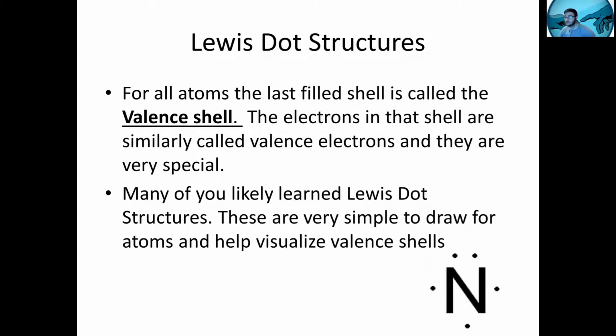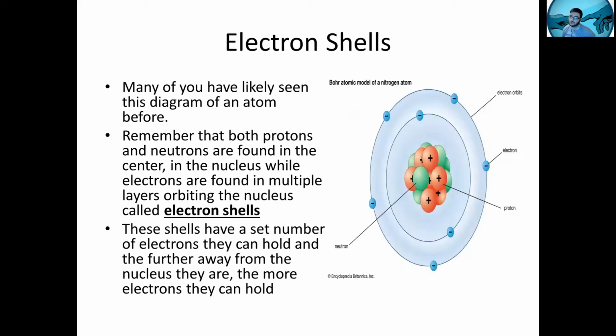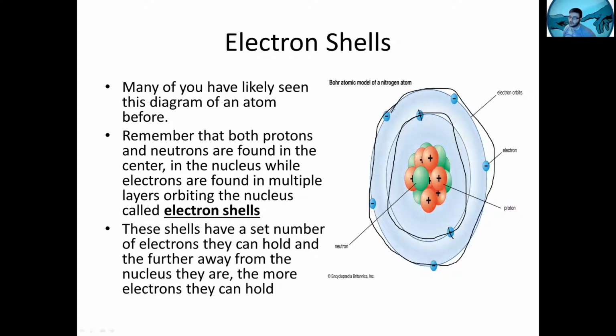Next up is Lewis dot structures. For all atoms, the last filled shell is called the valence shell. For example, we have this ring, which is the 1s ring, right? You can see it only has 2 electrons because the 1s ring only holds 2. Then this is the 2s, and then the 2p ring as well.